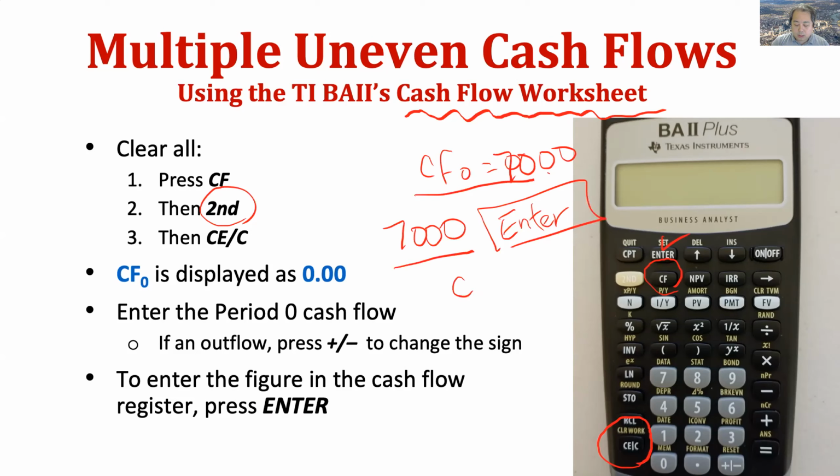Then you should see CF 0 equals to 7,000 and then press down arrow. Then you should see C01 and 0. C01 is the first cash flow. First cash flow 4,000, so enter 4,000. So press 4,000 and press enter button, enter key. Then you should see C01 equals to 4,000.